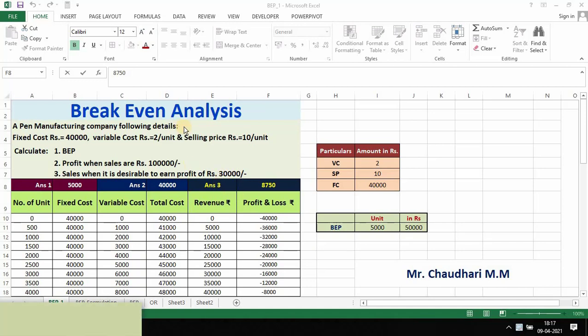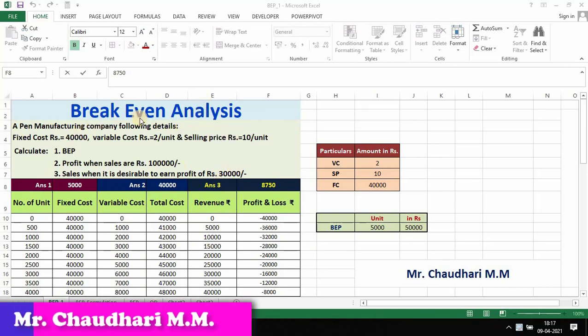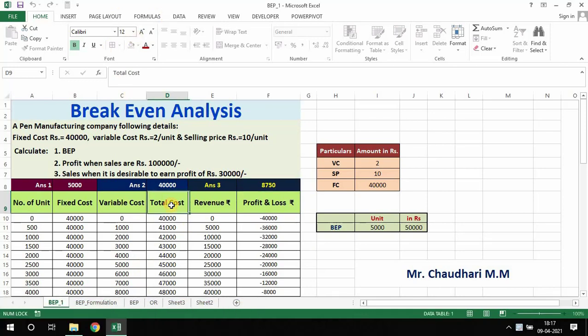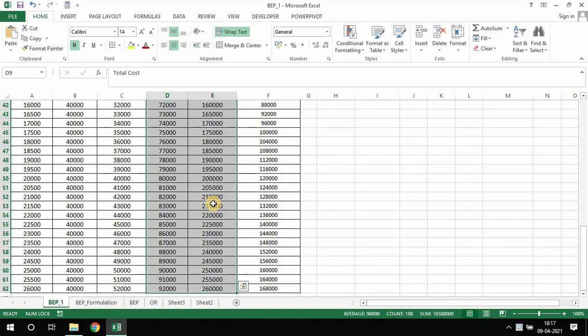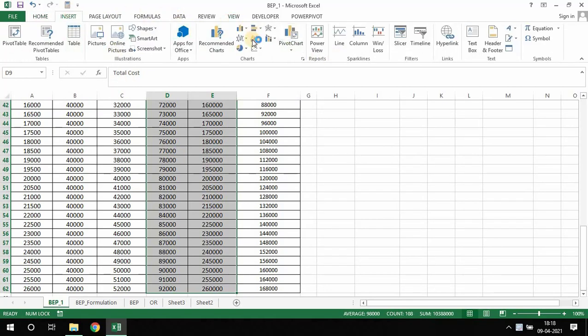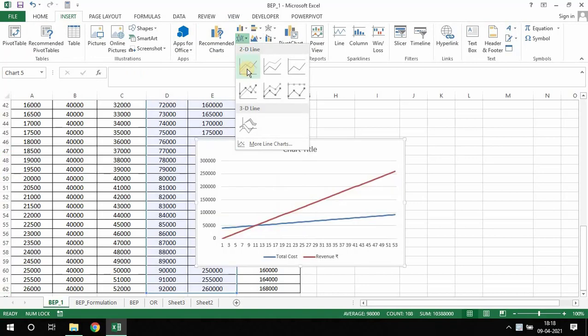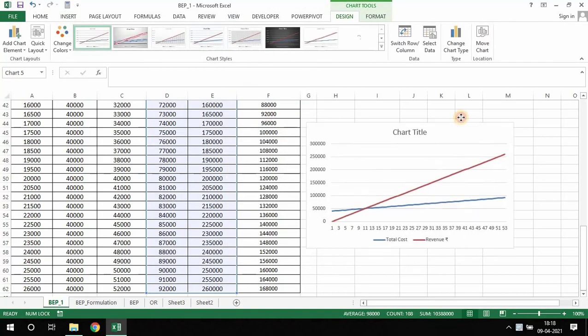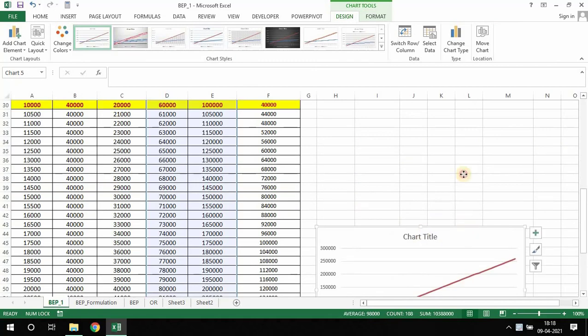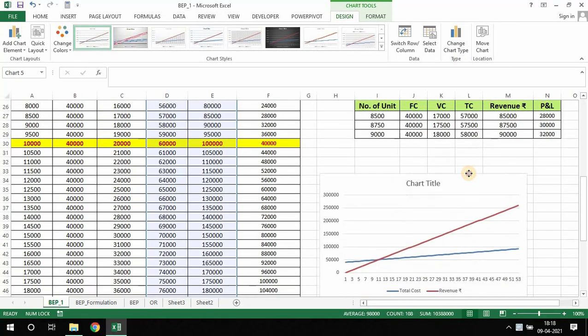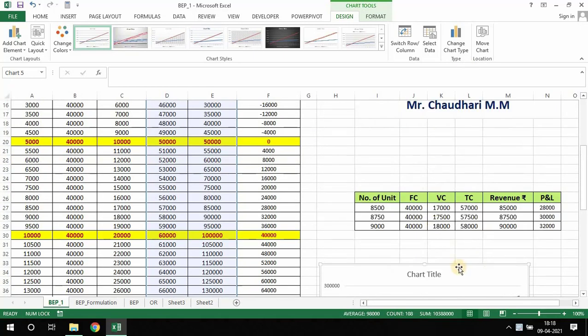Okay. So the next process is creating a break-even analysis chart. First select cost, total cost and revenue. Then select all terms or all values. Go to Insert, line chart, drag it over here, and okay, next.